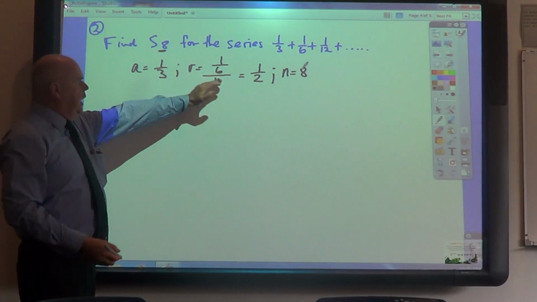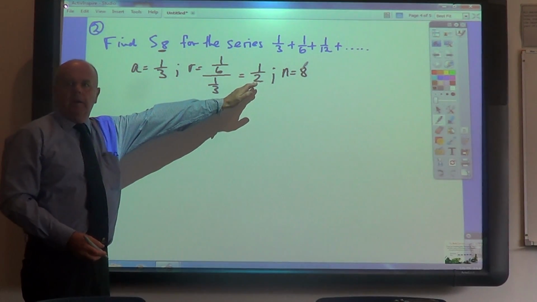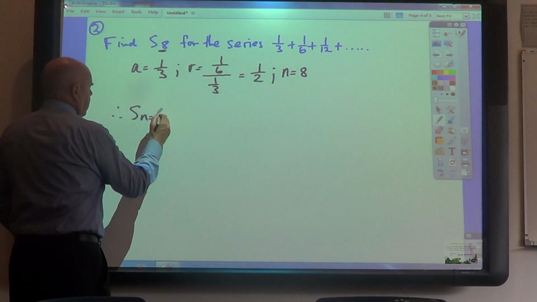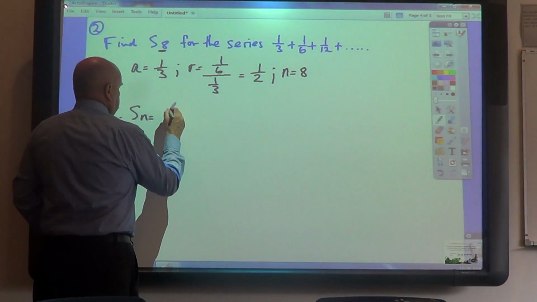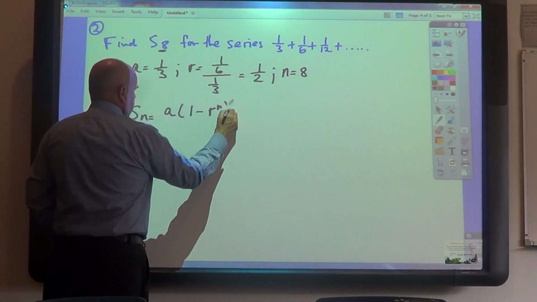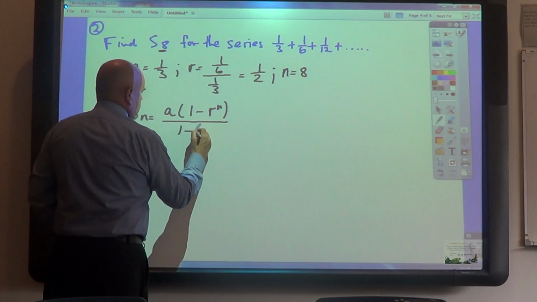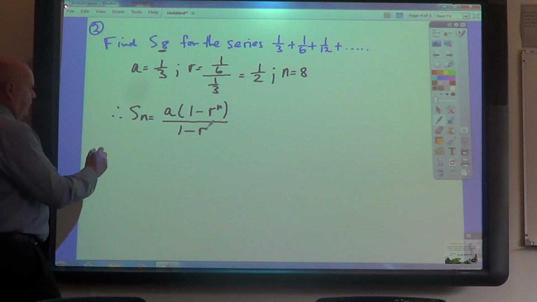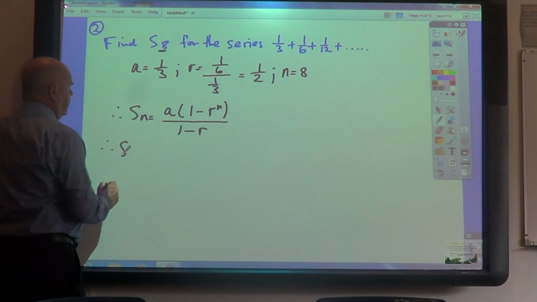Alright, here we notice that r is between -1 and 1, so we're going to use this version of the formula. Sn equals a(1 minus r to the n) over 1 minus r. Now all we need to do is substitute, then simplify and see what we come up with.